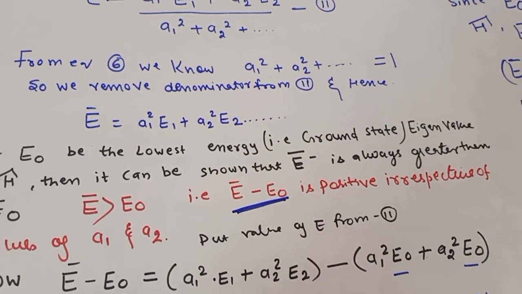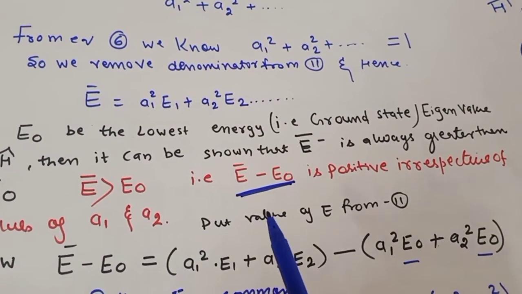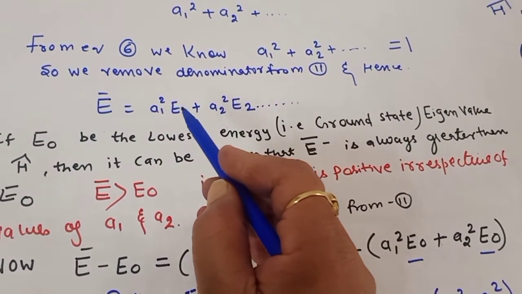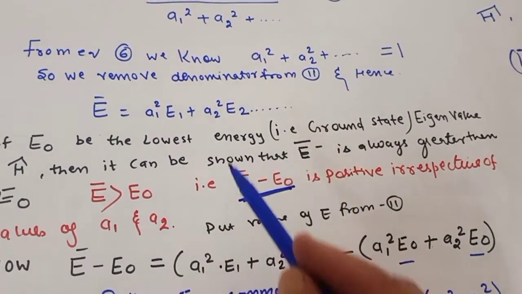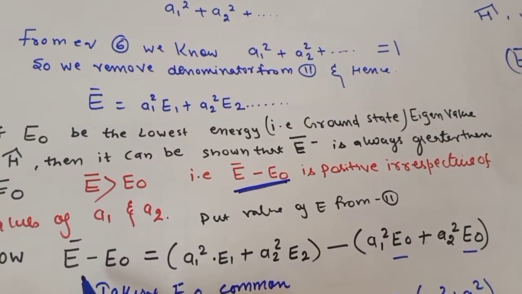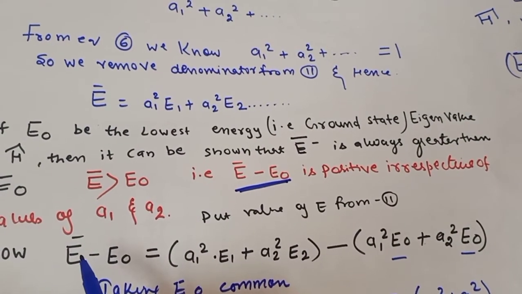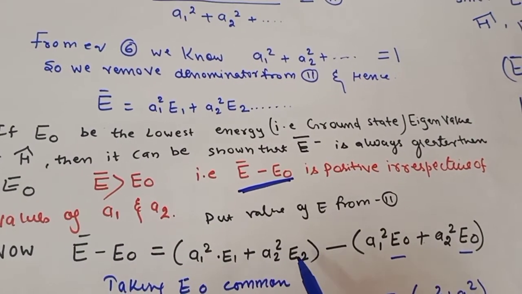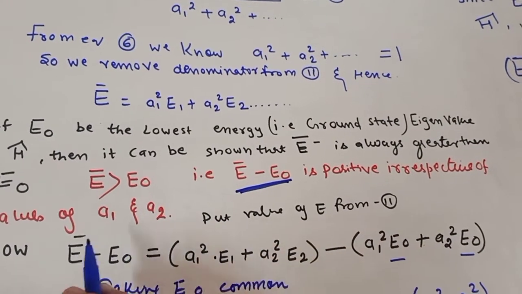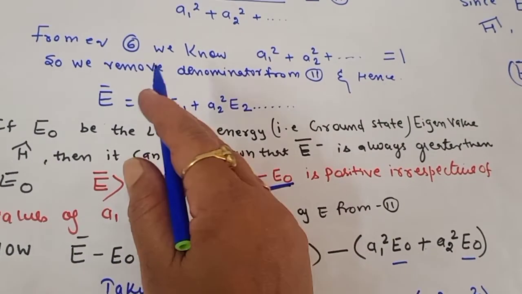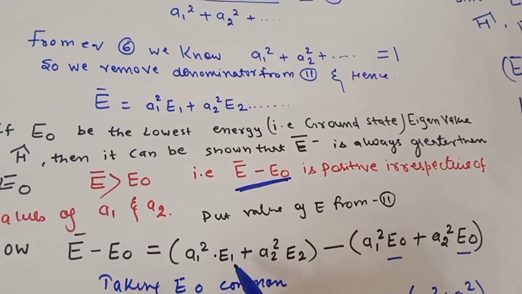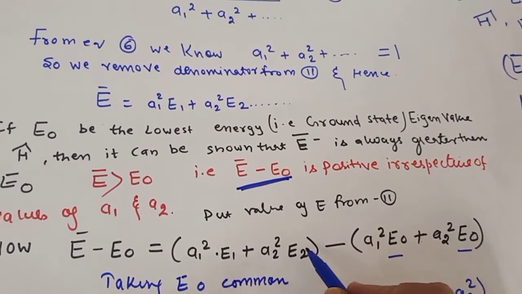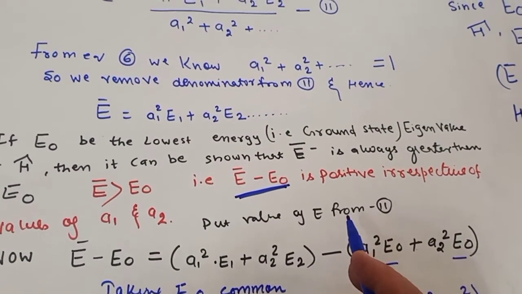Now let us solve it. First we will take a1 square E1 plus a2 square E2. We have to write it in this form: first we write the terms in E bar, then we write our E0. What is the E bar value? E bar is equal to a1 square E1 plus a2 square E2, taken from equation number 11.